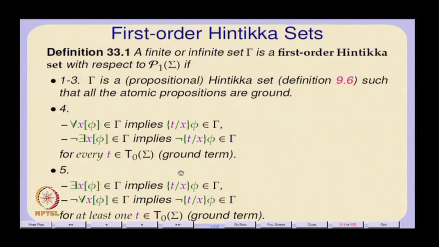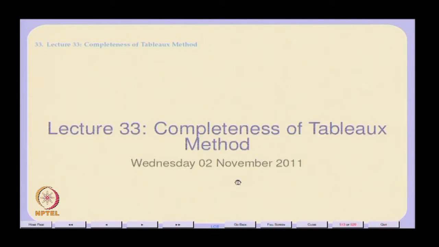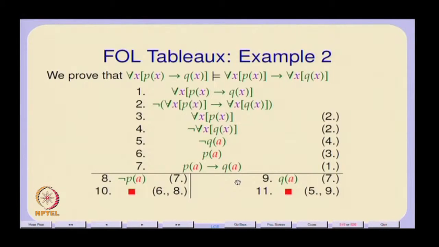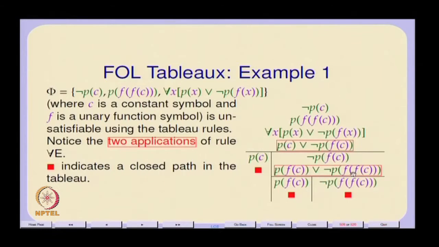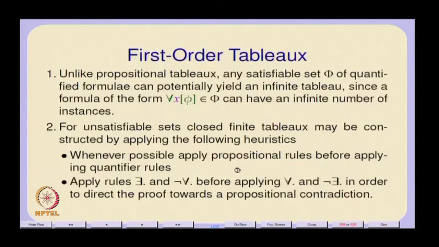Of course, what happens in practice is that, because of the use of a constant, this term would be some formation based on that constant. So it is not always going to be a constant, as this example shows. For example, you may have to have things like FFC in the second instantiation.